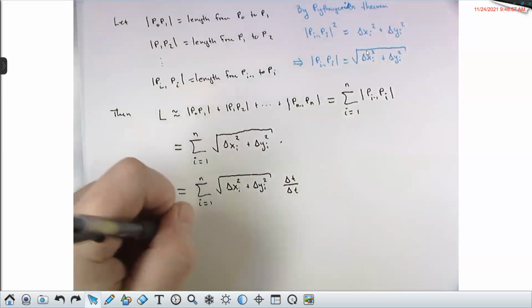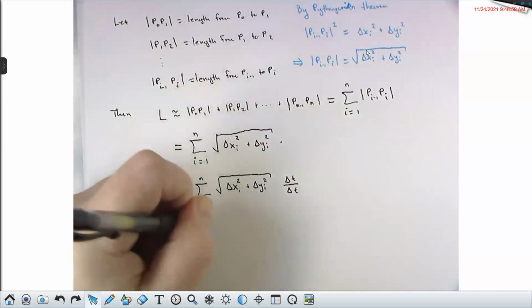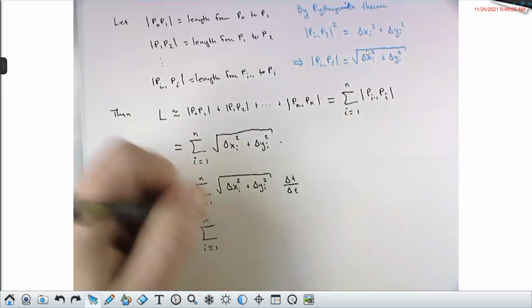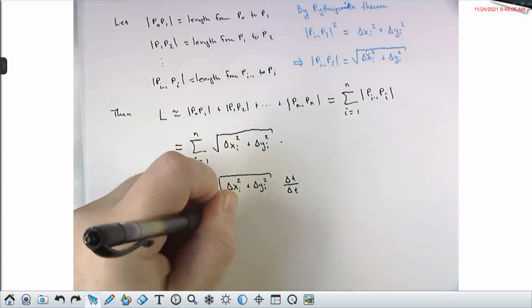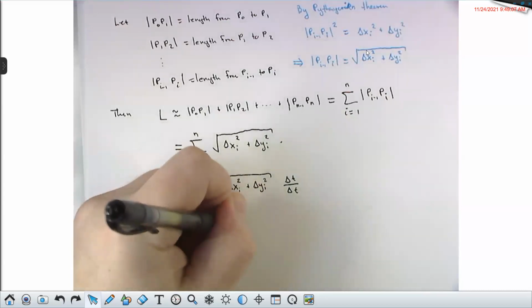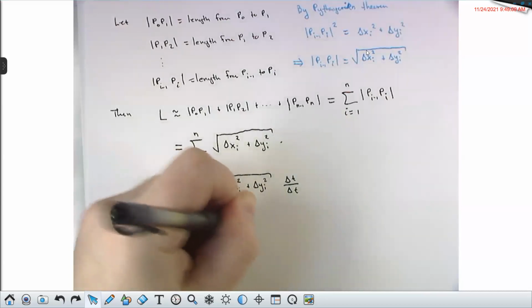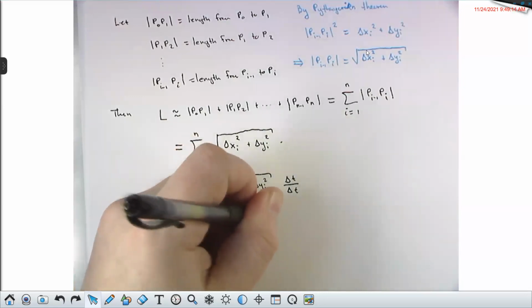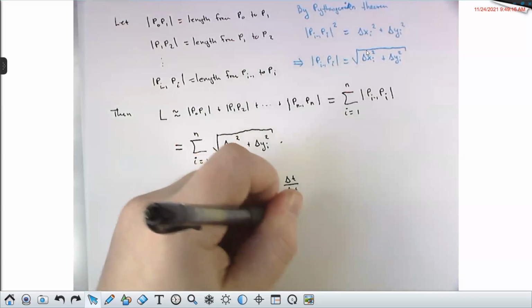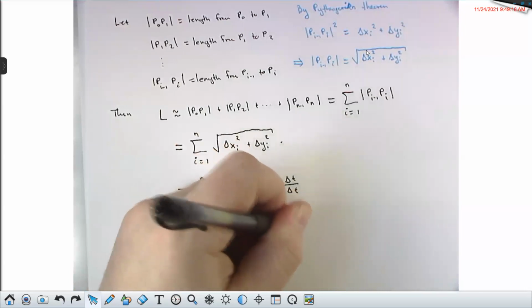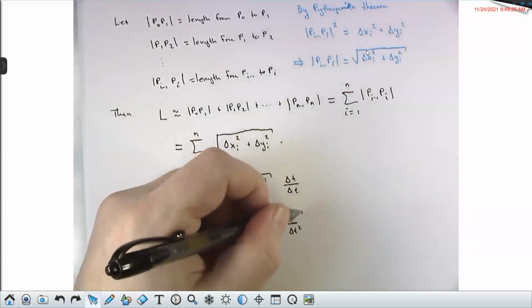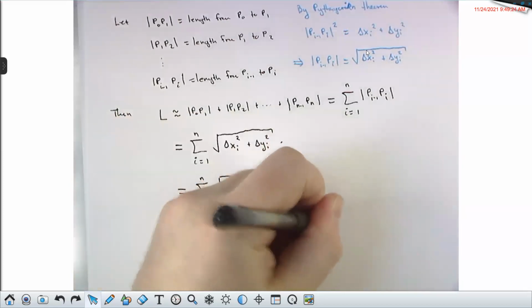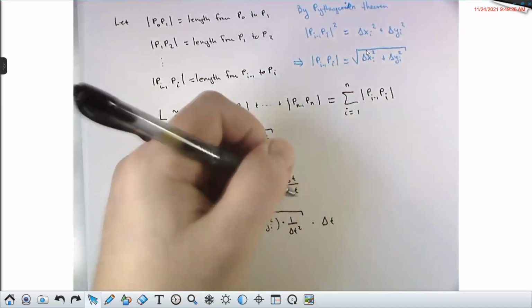And I can shove that delta t from the downstairs into the square root as 1 over delta t squared, leaving the delta t from upstairs outside the square root.